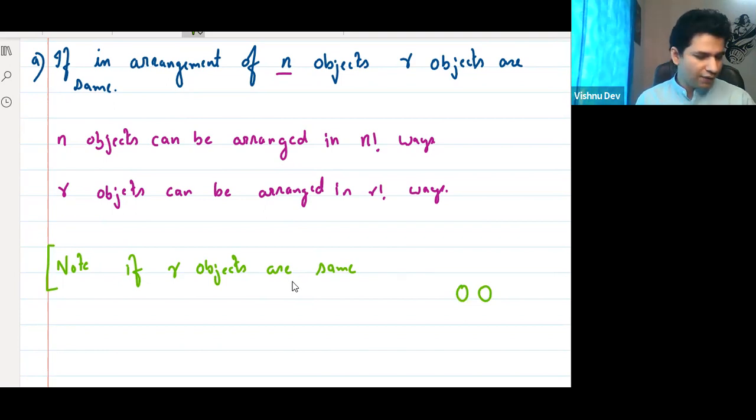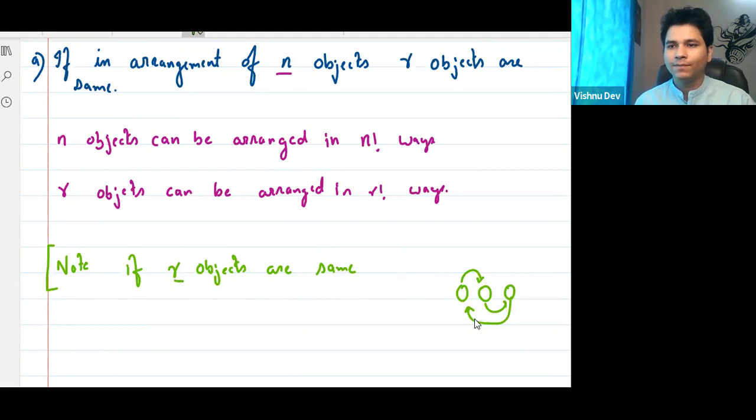If you have r objects and they are same, think about it. If we have three same apples, does it matter if this apple is here or that apple is here? Will it matter? No. You can say, sir, the arrangement will be one way only. Yes or no?